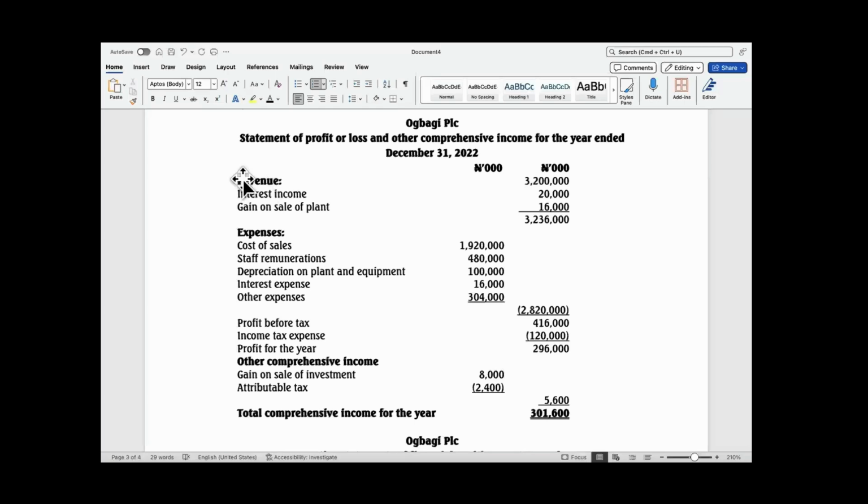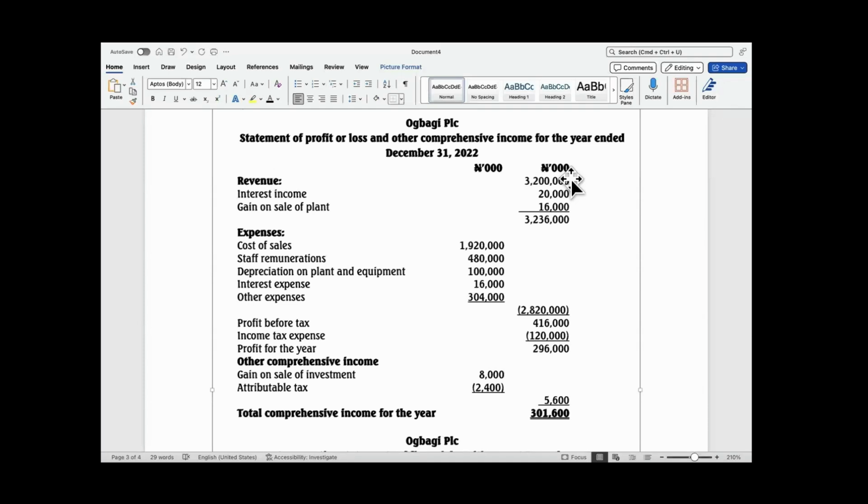So the first item here is revenue. And as you can see, my revenue is 3.2 million in my P&L. Knowing fully well that this P&L will have been prepared on an accrual basis, there is possibility that there is a portion of this revenue that is non-cash.